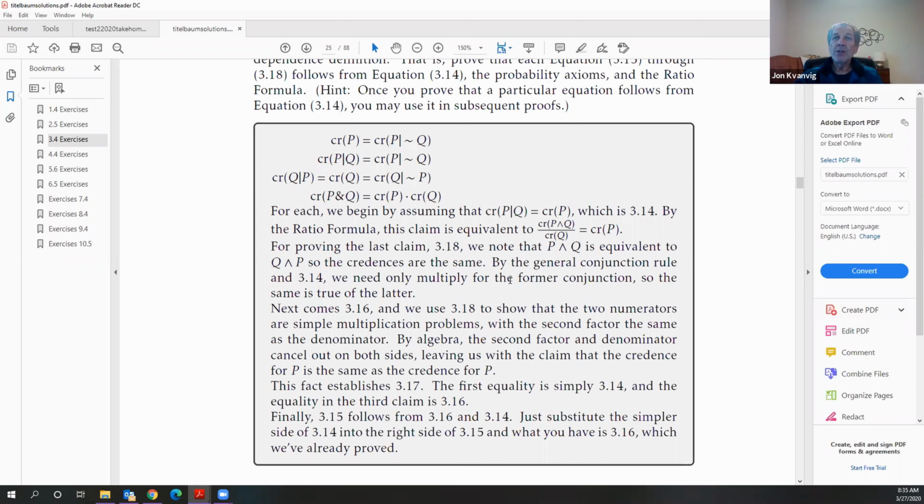I think this was supposed to say, let's hold off and come back to 3.18 because there's something confusing to me about what I was thinking. I don't think this is supposed to be the word conjunction. I think it's supposed to be something else.